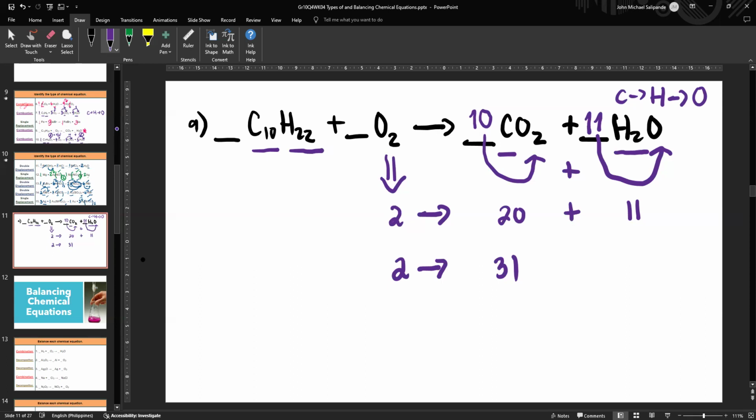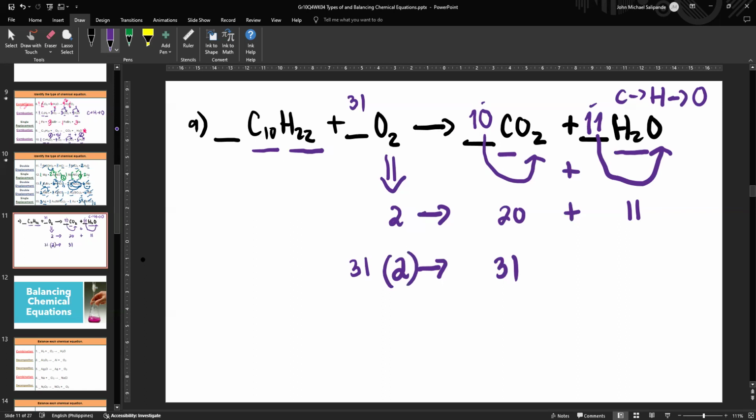So how do we make each of them attain the same, equal number of atoms? Okay, here's the thing. Normally, when you see 20 plus 11 here, you assume that you just simply put 31 with O2. The problem is, because you have the subscript O2, if you put 31 like that, it will just be 31 times 2.